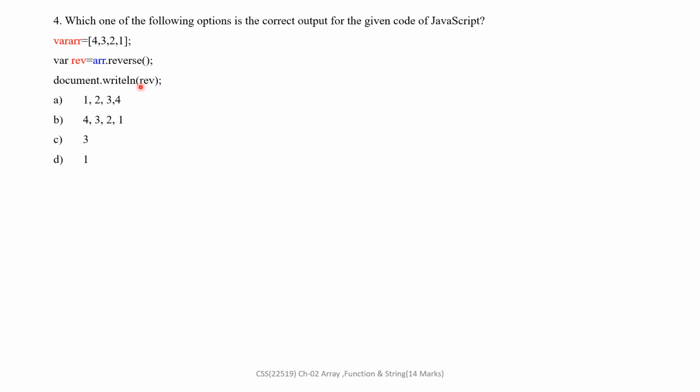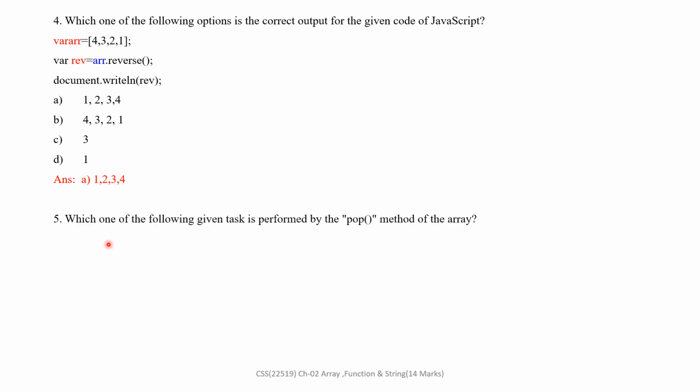The options are 1 2 3 4, 4 3 2 1, 3 and 1. The answer is A, that is 1 2 3 4. The answer is A because here we are using the reverse method.